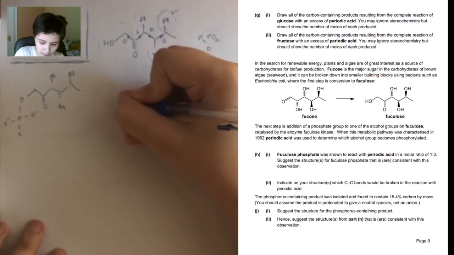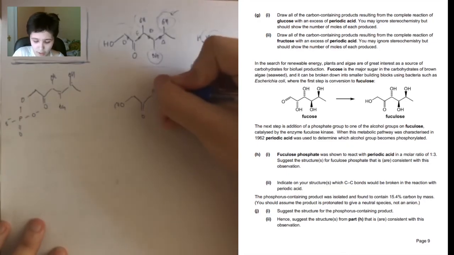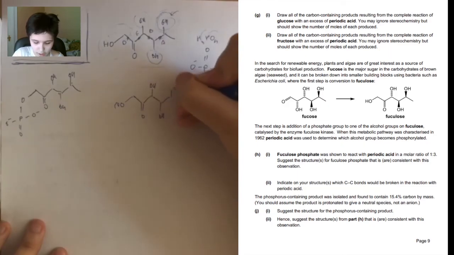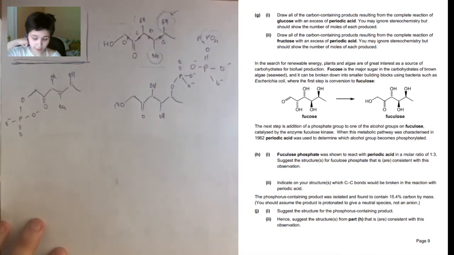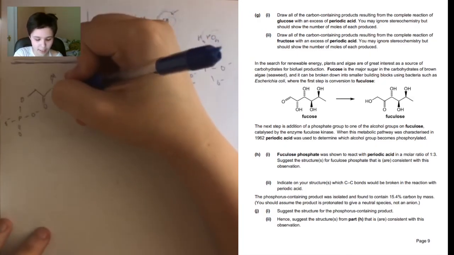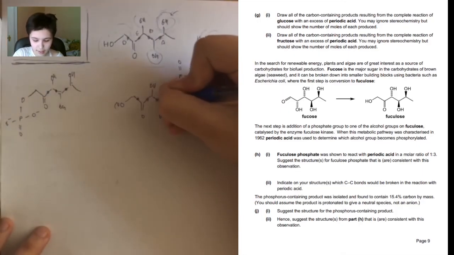That's going to give me an OH down to ketone, OH, OH, and O, then P double bond O, O-, O-, and nothing. So these two are the structures that are consistent. Indicate on your structures which CC bond would be broken in reaction with periodic acid. Well, we have determined that here it would be these 3, and in this case it would be these 3.